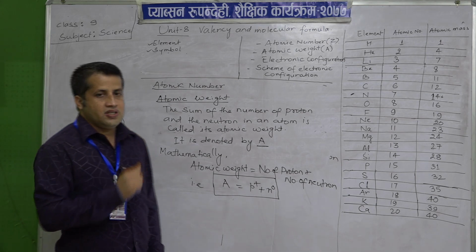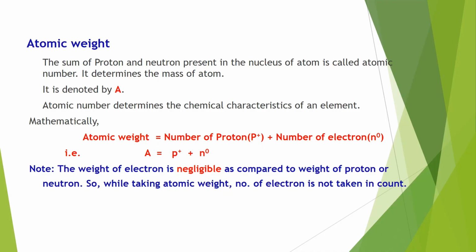Okay. So, see the slide, you can write from the slide. Atomic weight is defined as the sum of protons and neutrons present in the nucleus of an atom. It determines the mass of the atom. It is denoted by A, and atomic number also determines the chemical characteristic of an element, as well as atomic weight is also responsible for it.